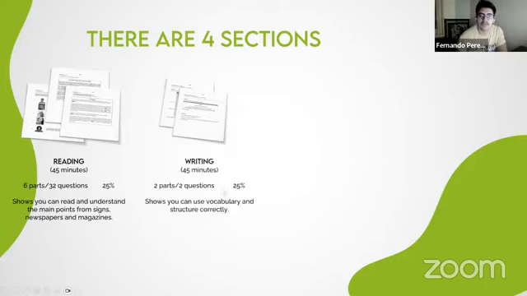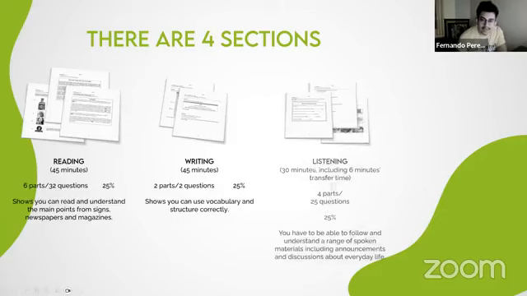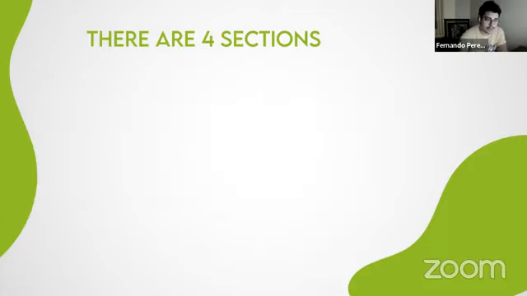Second section, writing. Writing has two different parts, two different questions. It shows that you can use vocabulary and structure correctly. Here is when I am going to check if you can structure or not. Together with the listening section. The listening section has 4 different parts comprising 25 different questions.